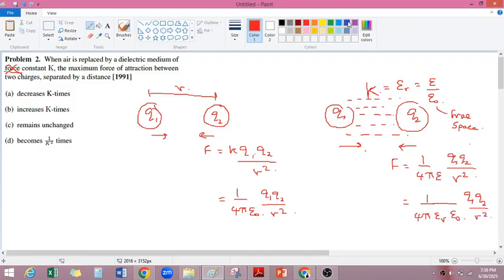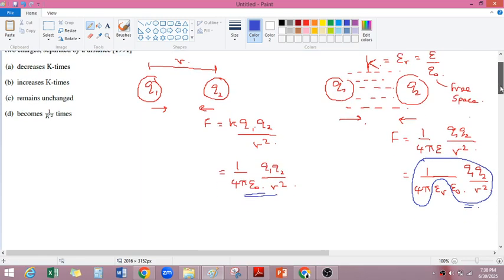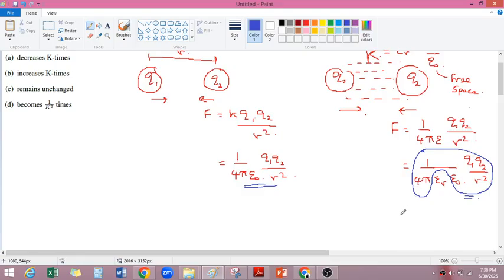If you carefully see this, except for this epsilon r, all the other things are the same here and here. So this blue thing can be replaced with this F. Let's call these F1 and F2.